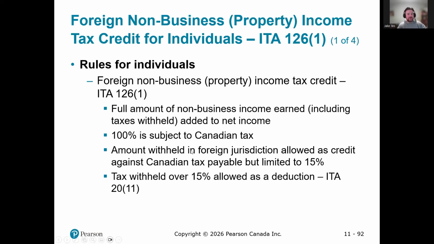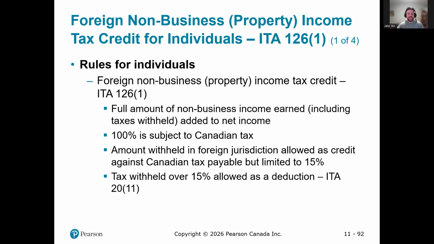Once they have the amount of taxes that are calculated, the amount withheld in the foreign jurisdiction will be credited against the tax payable. The thing is, this credit is limited to 15% for non-business income. 15% is generally the lowest tax rate for Canada, so they're not going to give a credit over 15%.